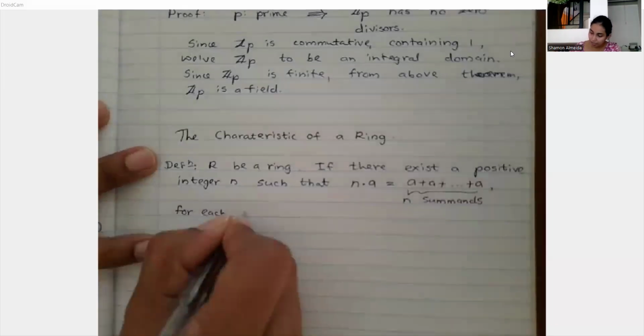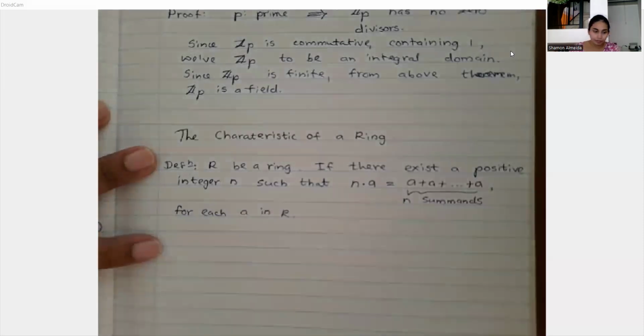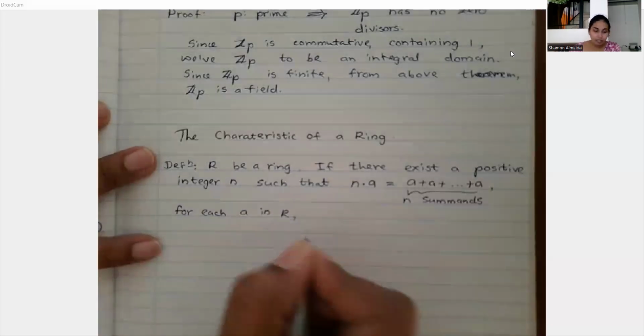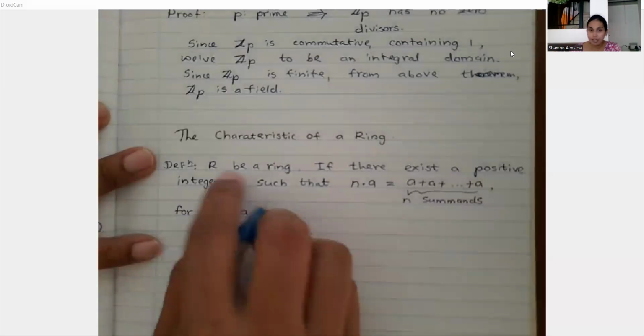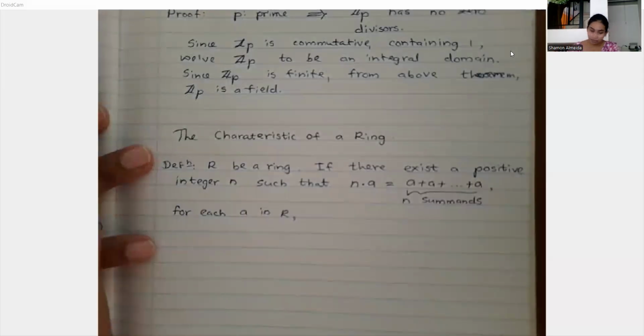For each a in the ring R, right? Then in R, then the least such n, the least possible n is what we call the characteristic of the ring R.